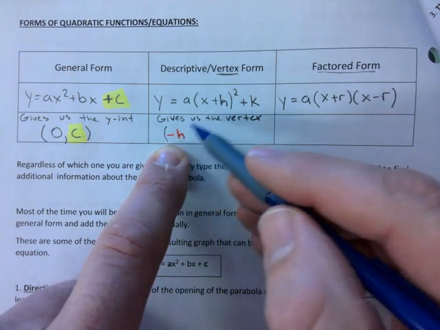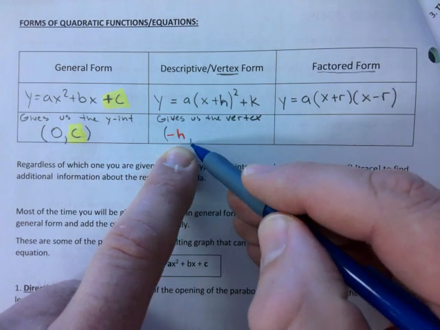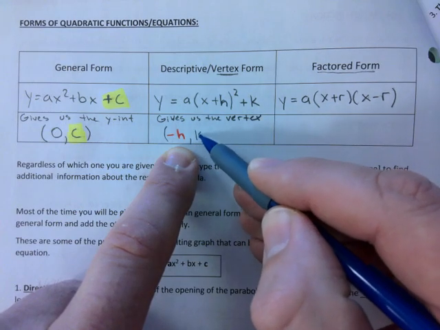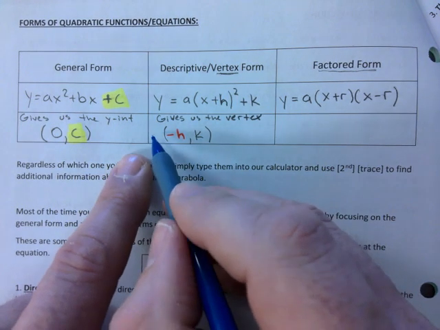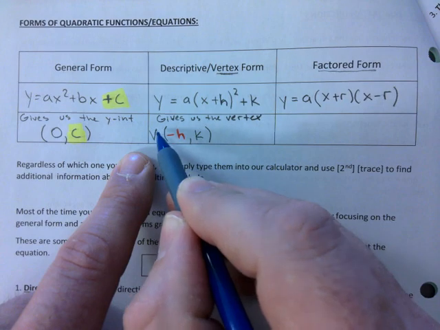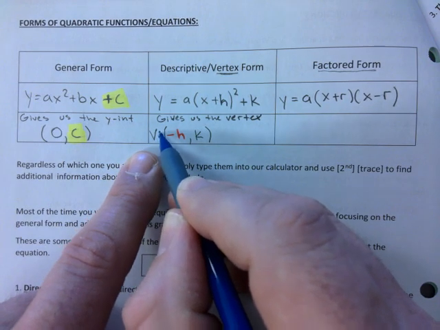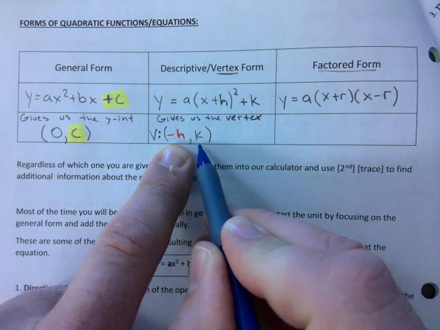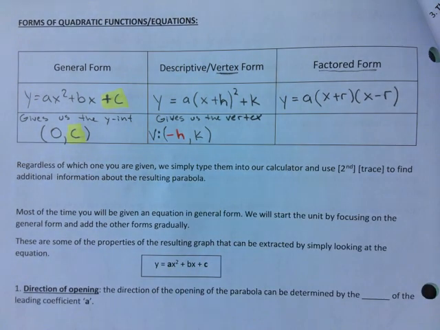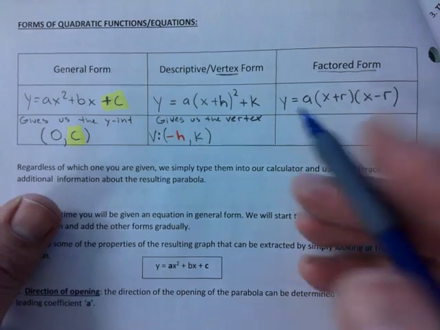That's why you put a negative in front when you bring it out. And then just k as is. This is technically the vertex like that. That would be the coordinates of the vertex themselves.